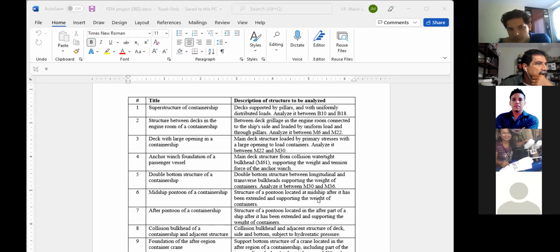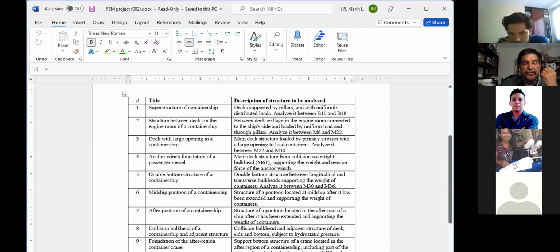For example, structure 1 is the superstructure of a container ship. Above the main deck you have several decks, and in each one of these decks you have load. The idea is that you model that, apply the load, and determine the stress levels in this superstructure.